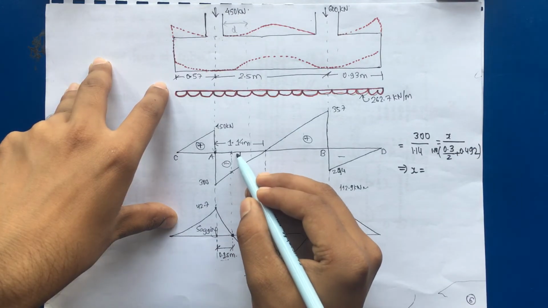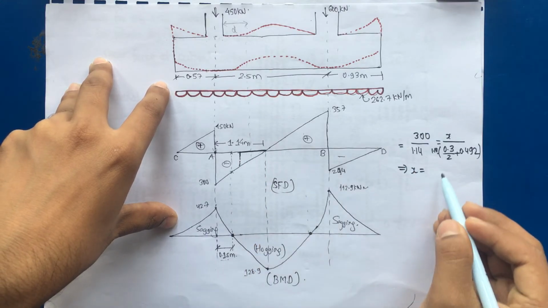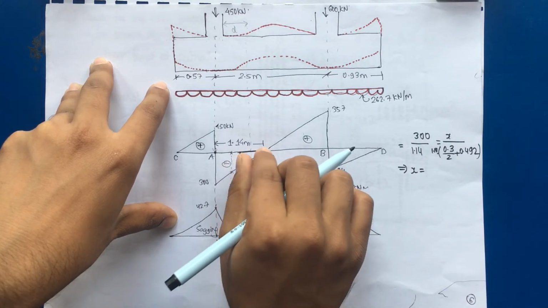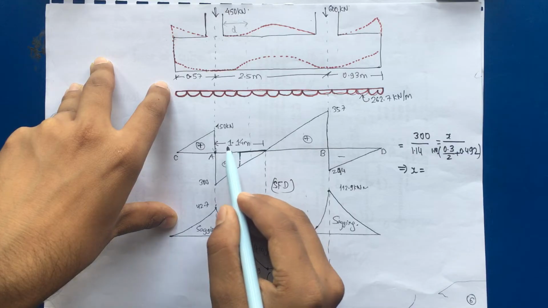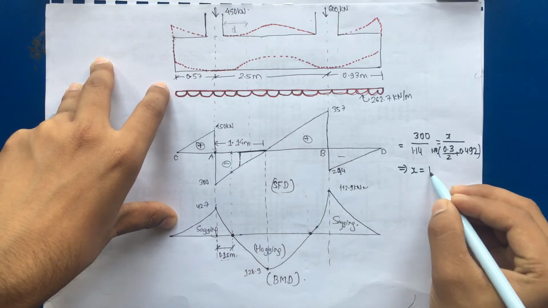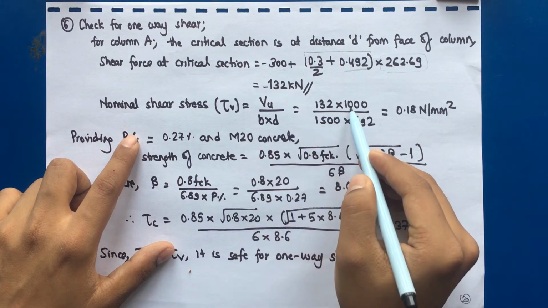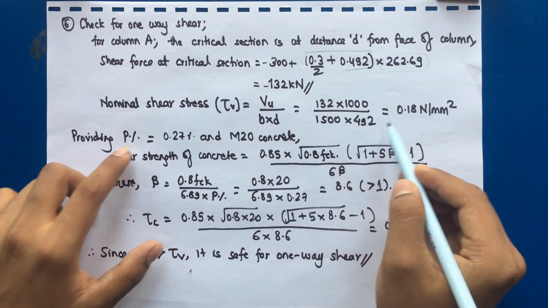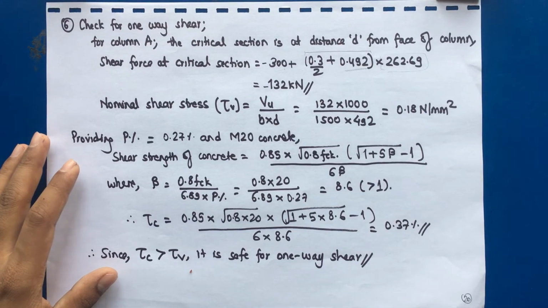So we are computing at this point particularly. If we see, then this distance will be 0.3 by 2 plus 0.492. 1.14 minus this, we have to do, so we'll get 132 kilonewton. And substitute the value 132 into 1000 by 1500 into 492, we get this as 0.18 Newton per mm square.